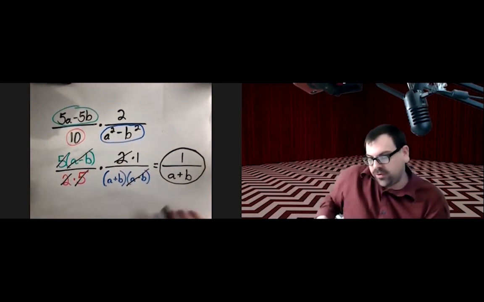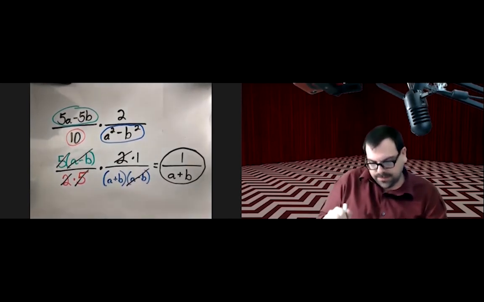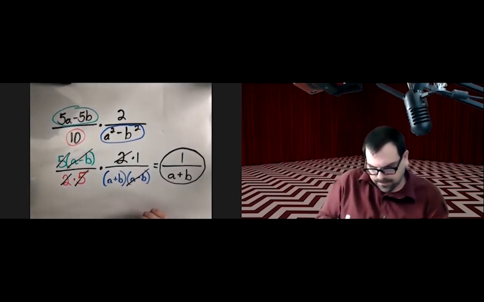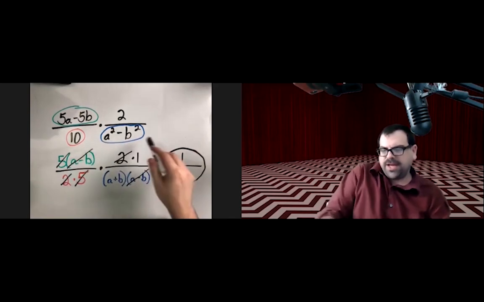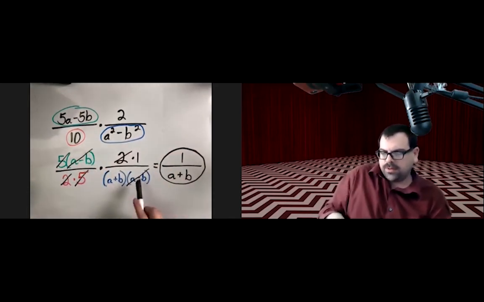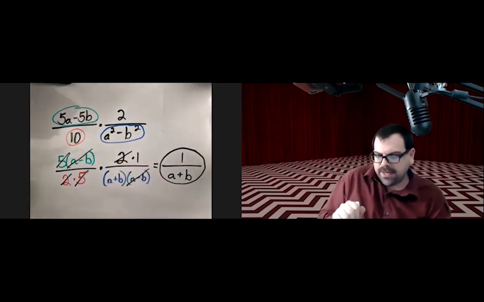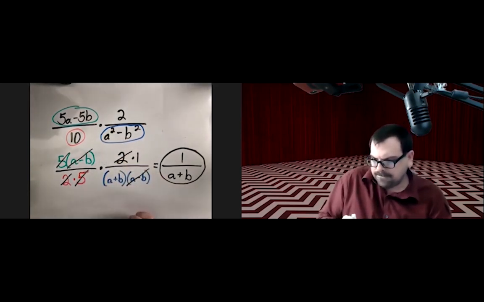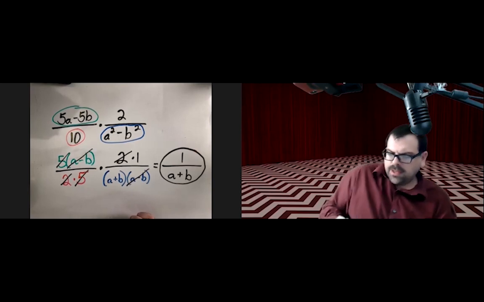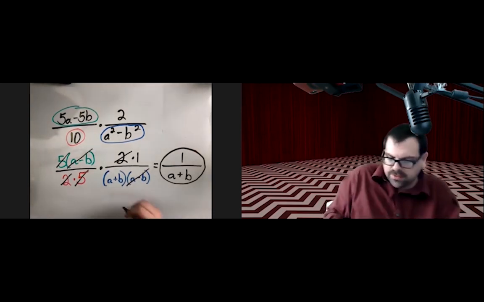However, if we go back through our work, the variables in play at the bottom would be A and B. A plus B can't be 0.